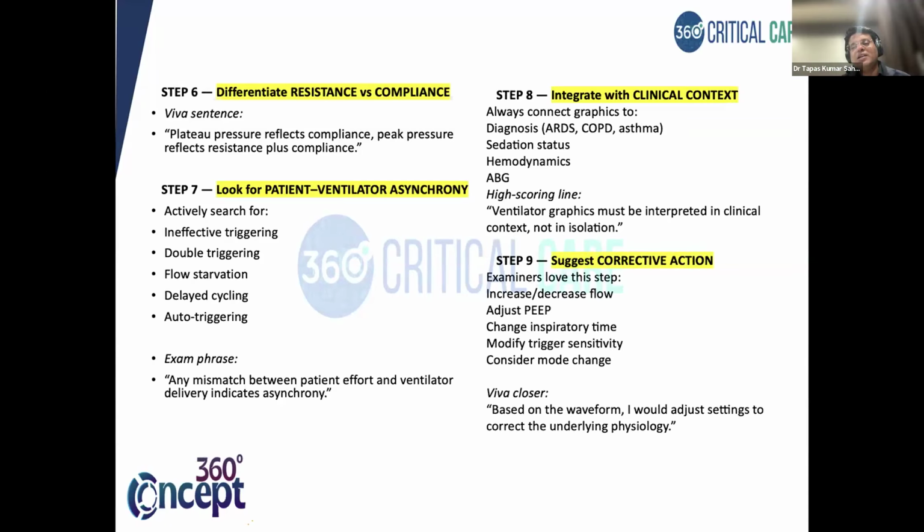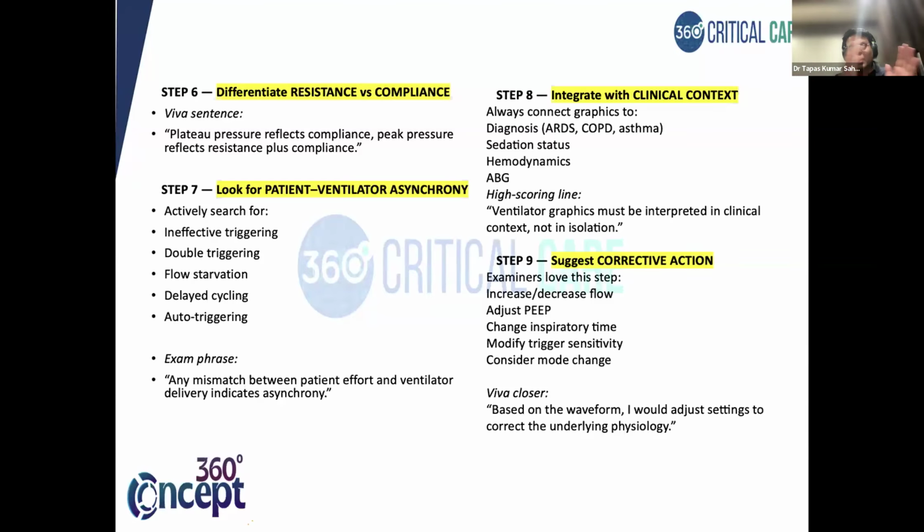Now, the last one: just integrating doesn't solve your problem. The examiner would be expecting that as a doctor, as a responsible intensivist, as a consultant, you need to suggest the corrective action at that time and do it also. So the examiner would be expecting you not to only verbalize. Some smart candidates can answer everything, but when they are asked to do it on the ventilator, they fumble, because you have to be confident to do the corrective action on the screen, on the monitor, and see again, look at the ventilator, do something, then look at the patient.